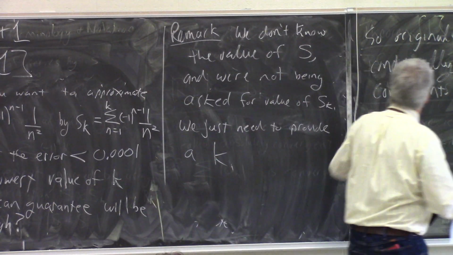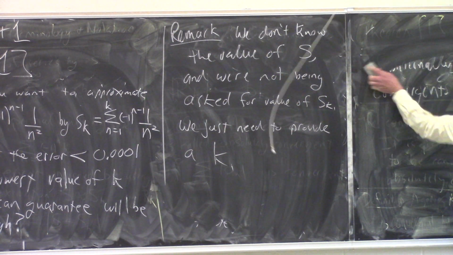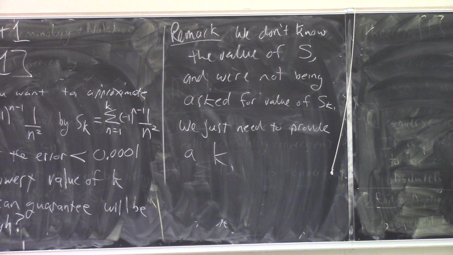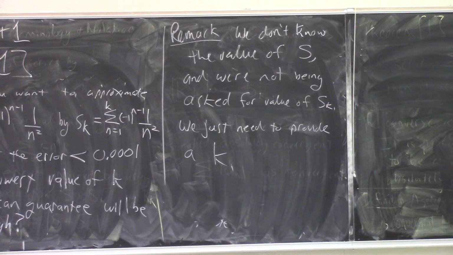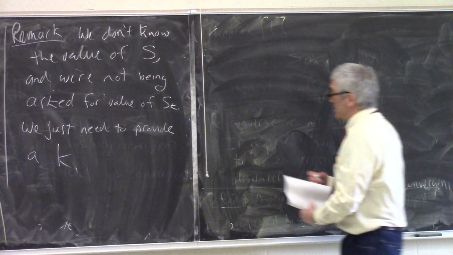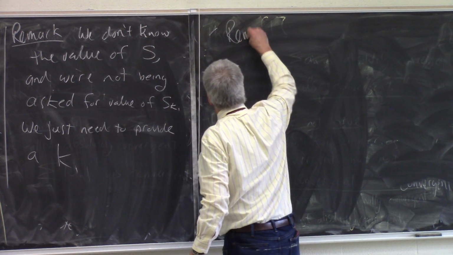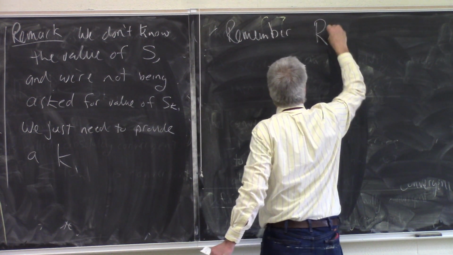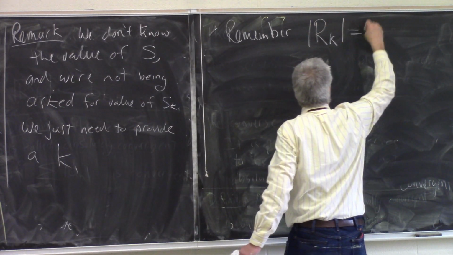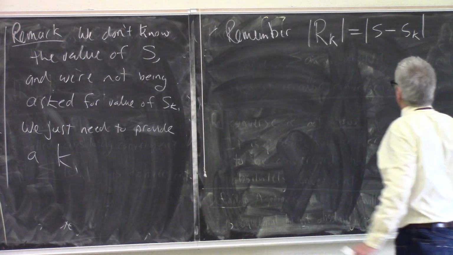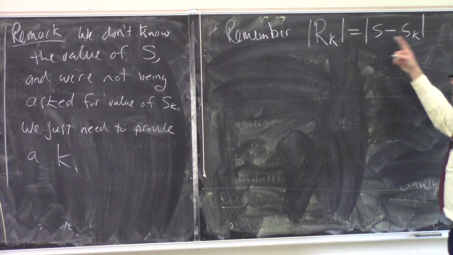All right, well, let's think about what we're saying. Remember that what we call Rk, that is this remainder, is the quantity that's the error that you make when, instead of using S, you use Sk.